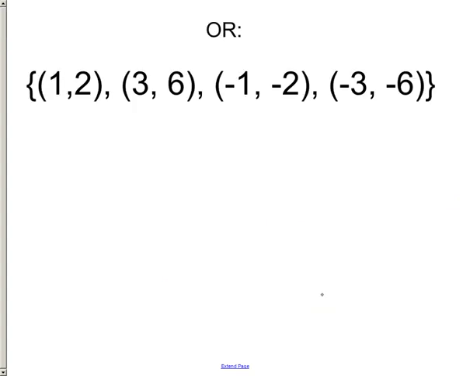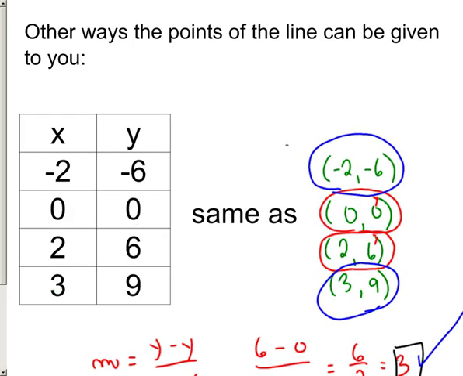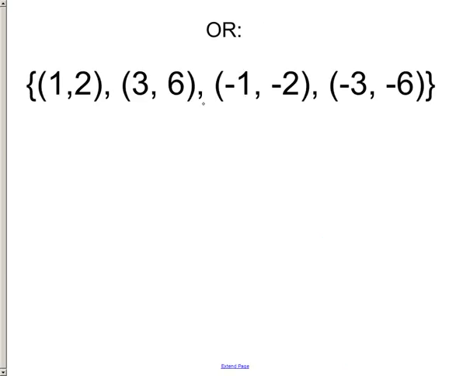Last one that I want to show you is that other times they'll put brackets around all of your ordered pairs, and it's just like with the table, you're going to have more information than what you need. You only need 2 points. And so what again I recommend you do is choose one that's all positive if possible, so that way you don't have to worry about the negatives, and then set it up in a way that you can have an easy subtraction problem.